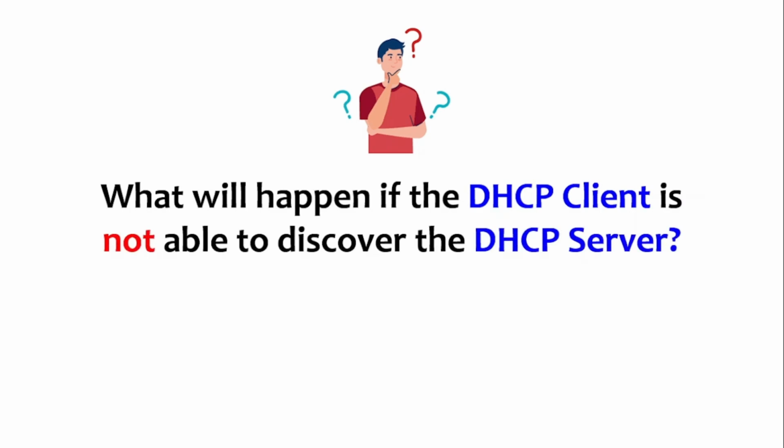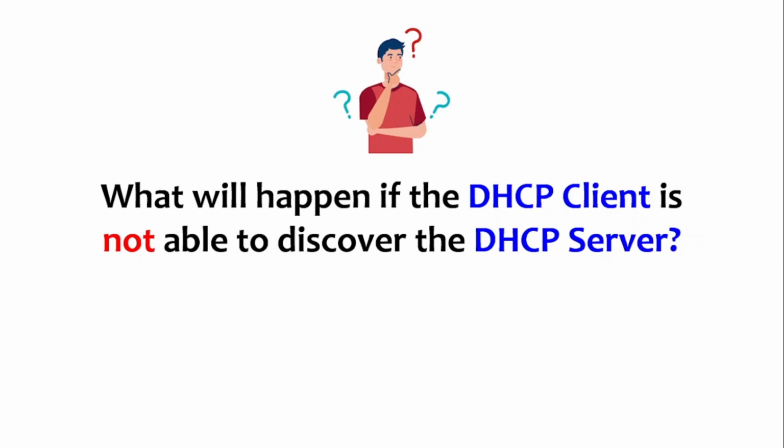So let's come to a very important question, which I ask in most of the interviews. What will happen if the DHCP client is not able to discover the DHCP server? Now, this is not the question of why. It can be any reason.